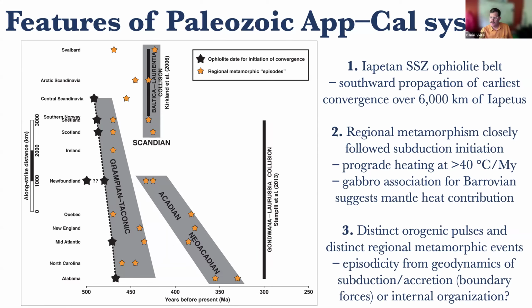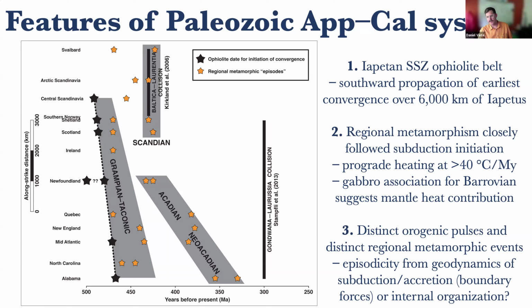And these can either emerge from internal organization or cyclicity within the overriding plate, or they could reflect changing geodynamics of the subduction accretion system. So potentially the arrival of some microcontinents or juvenile terranes, and then some outboard changes to the dynamics of the subduction and the boundary forces in play.